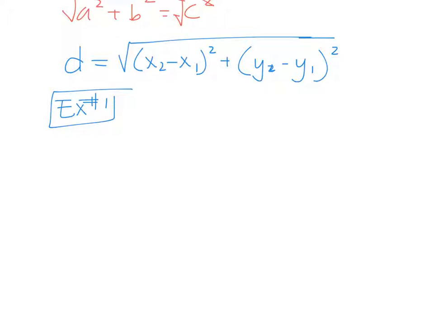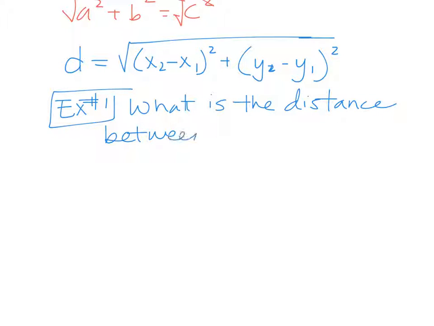You are going to do something like this. What is the distance between U, which is negative 7, 5, and V, which is 4, negative 3?